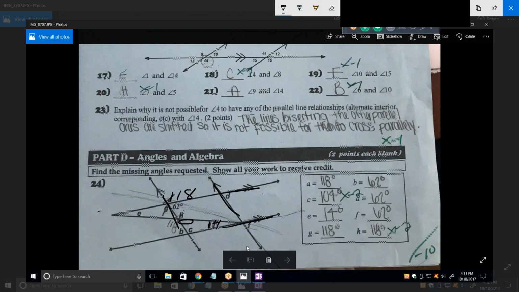Notice something. This line here is a transversal. What's angle E based on that? 14. You got it right.